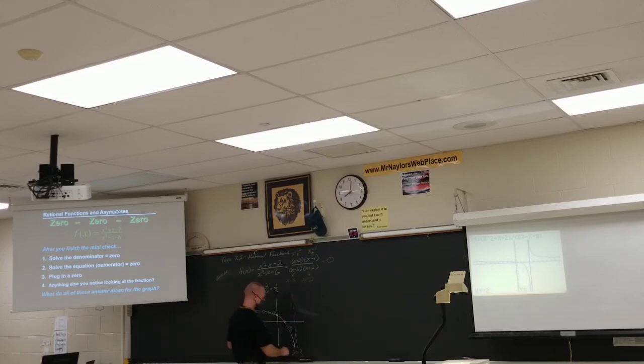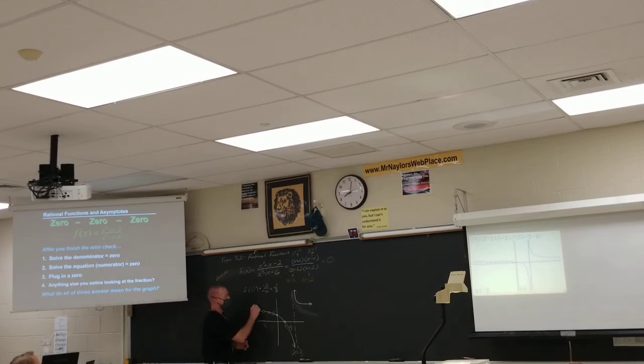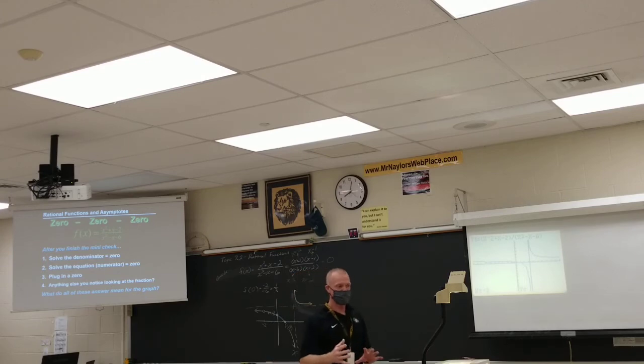Now, there's one more thing going on with this graph. And I'll be honest with you, it's one more asymptote. But it's not a vertical asymptote. We already drew that. But there is another asymptote. And it turns out that it is horizontal. There's actually a horizontal asymptote that is also dividing these branches in a y value sense.